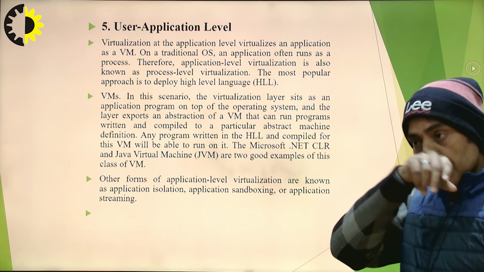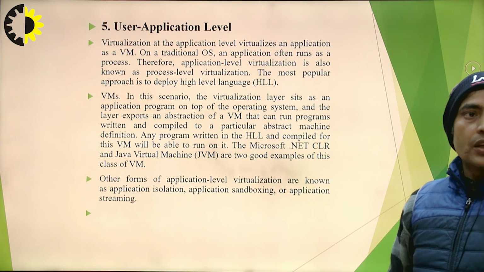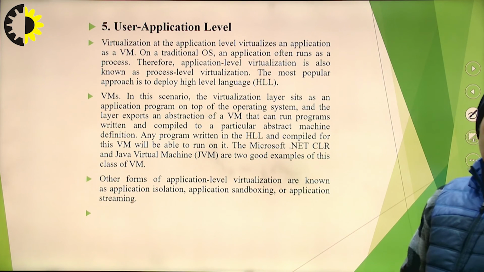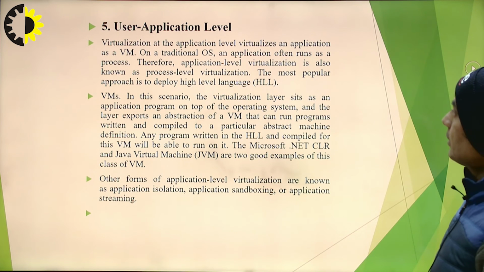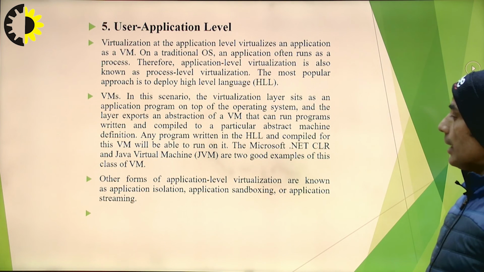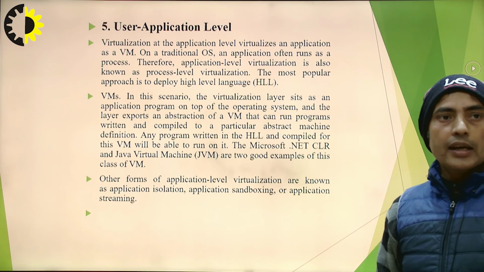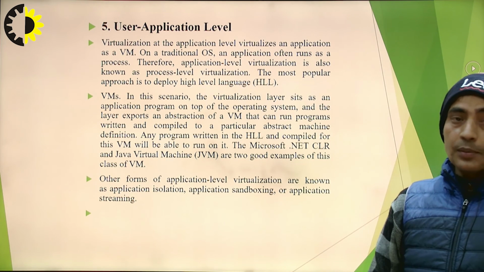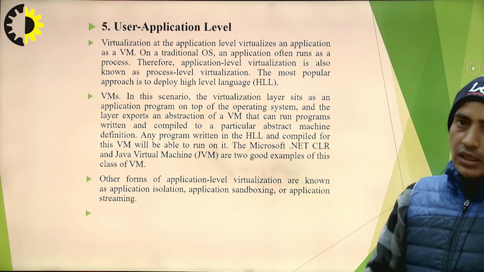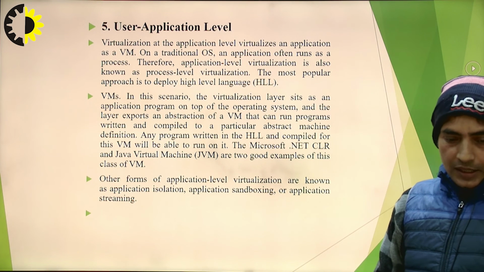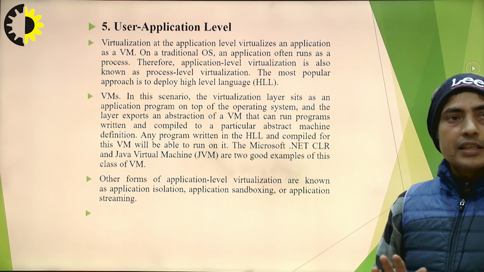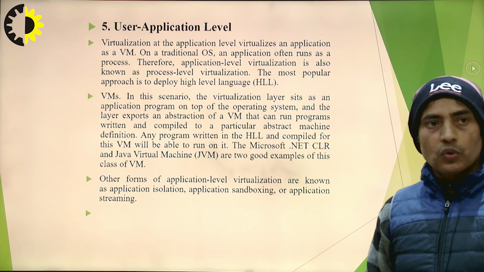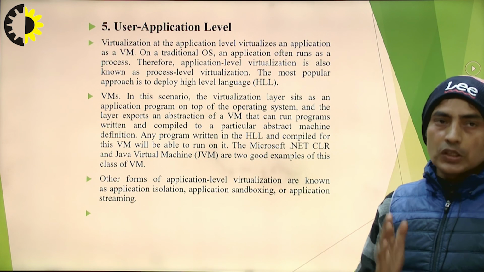Virtualization at this level virtualizes an application as a VM. On a traditional operating system, an application often runs as a process. Therefore, application level virtualization is also known as process level virtualization.